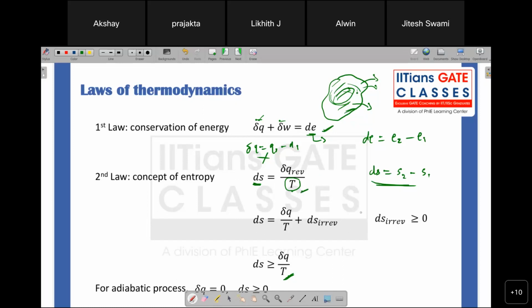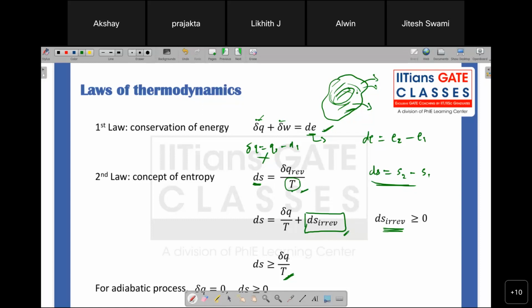And if I account for irreversibilities in the flow, then I can also have the change in entropy that is coming through an irreversible process. In the irreversible process through which the entropy is changed, I cannot come back to the initial entropy value, whereas in a reversible process I can come back to the initial state. But once the flow goes through an irreversible process, I cannot come back. That's the meaning of irreversibility.